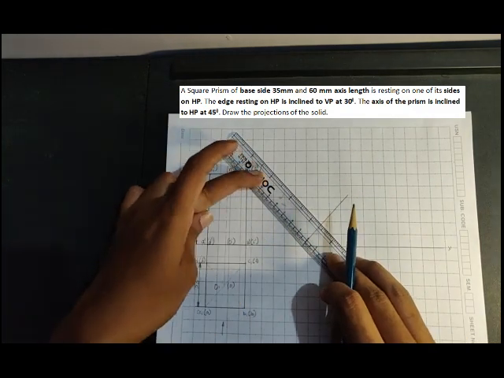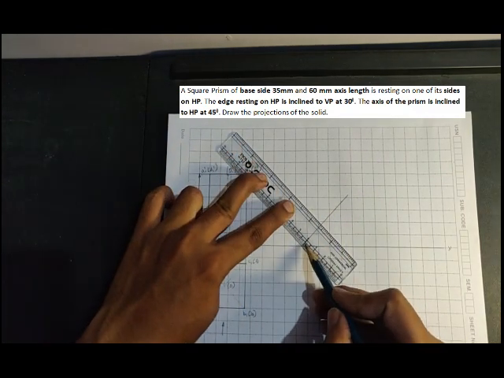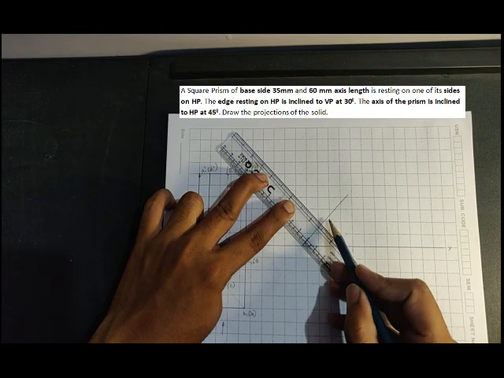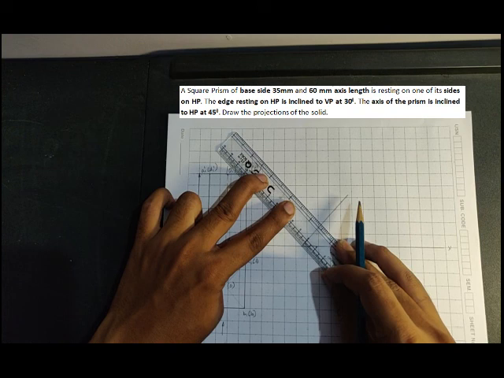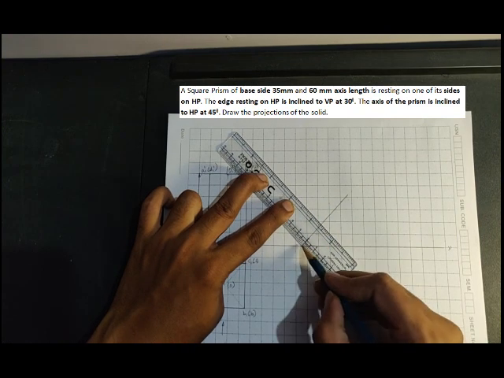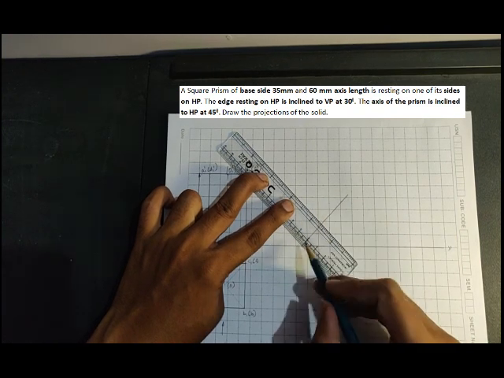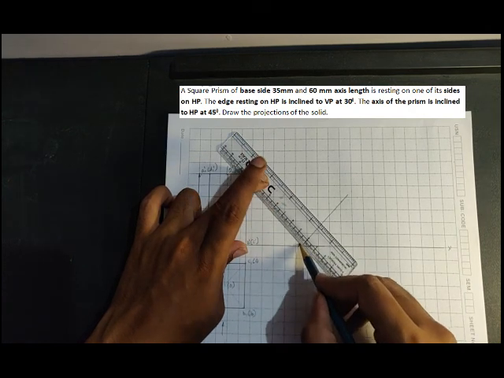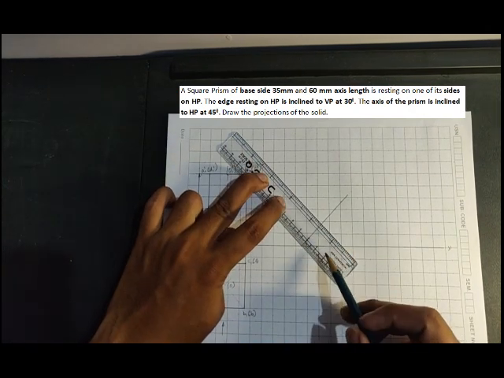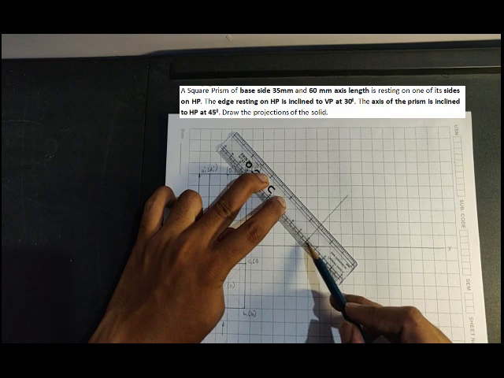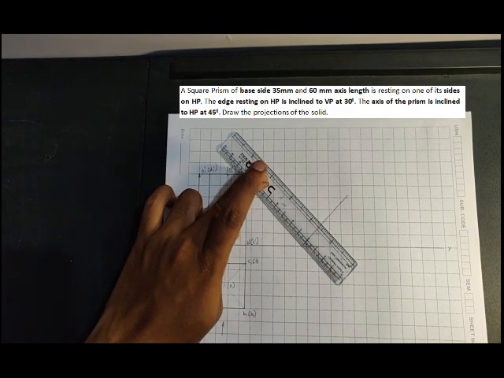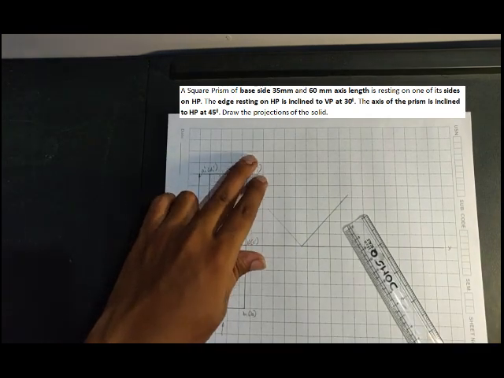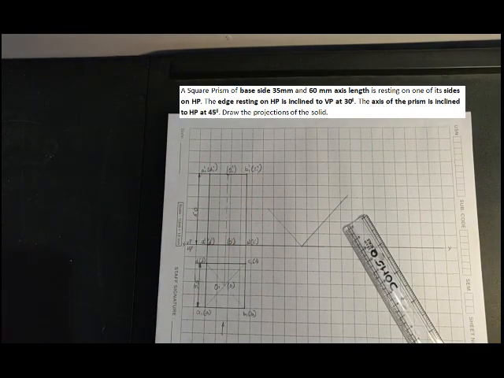Here I've used a scale, so this line is overlapping onto this line, so this line becomes perpendicular to the line that I've already drawn. So from here I simply draw a projection line, right? So I've made this line perpendicular. Make sure that you draw this line perpendicular to this line, at an angle of 90 degrees. Okay, you can make use of a protractor and do it.